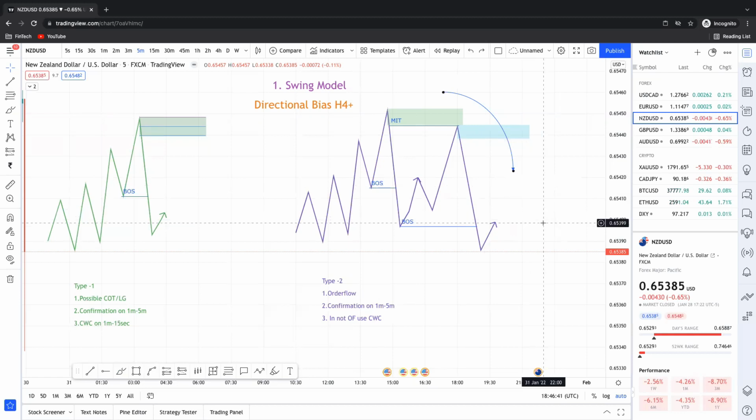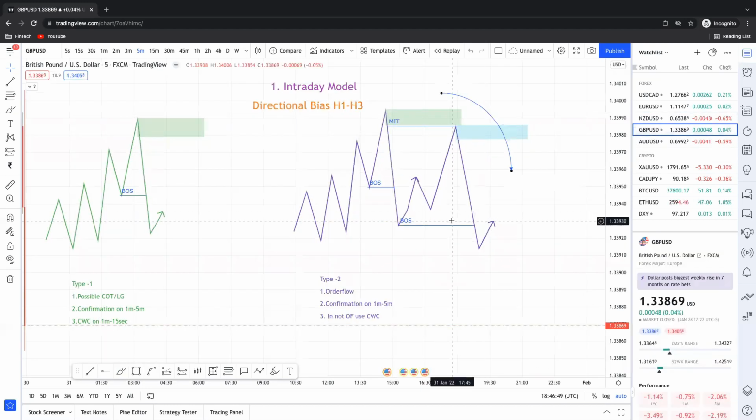That's what I believe. Okay, now let's talk about the next model, which is the intraday model, right? Everything is the same, I'm looking at everything the same, just the directional bias I am deciding from H1 to H3 or H4 or below.